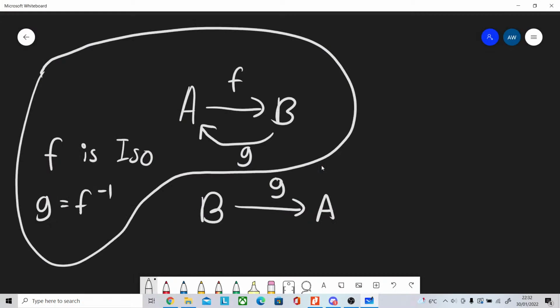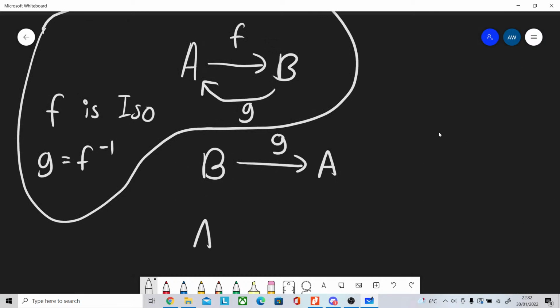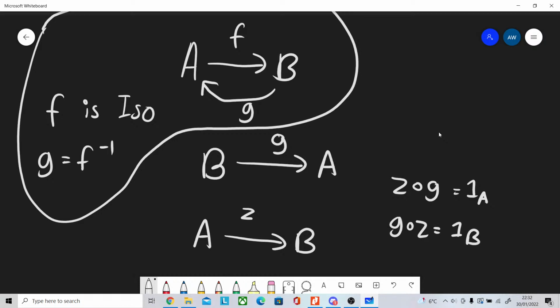Well, then we need to show that there is a map that goes from A to B. Let's call it Z. And we need to have ZG is 1A and GZ is 1B. Right? So there needs to be a map such that these equations hold true.